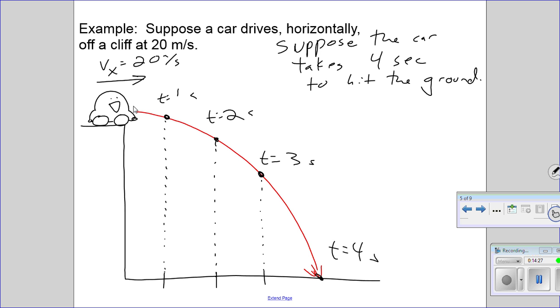And during each of those 1 second intervals, how far did the car go? 20 meters. So that means that each of these dotted lines are 20 meters apart. So every second that the car is in the air, it moves horizontally 20 meters. Make sense? That is what that rule is telling us.